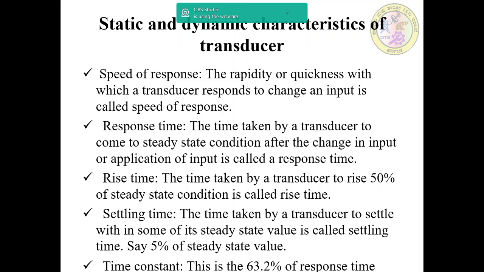Last one is time constant. This is 63.2% of response time. The time constant is a measure of the inertia of the sensor, how fast it will react to changes in its input. The bigger its time constant, the slower will be its reaction to change in the input signal.